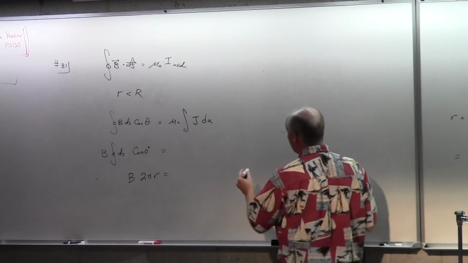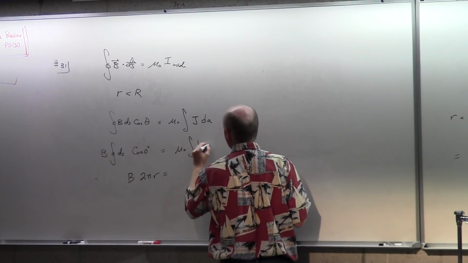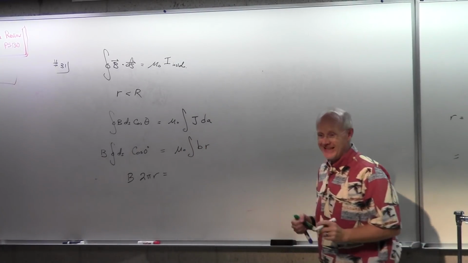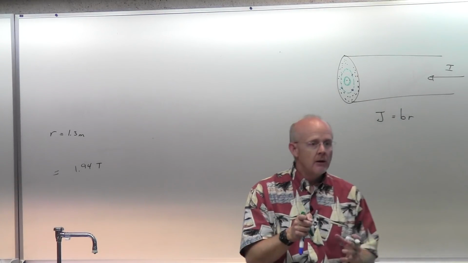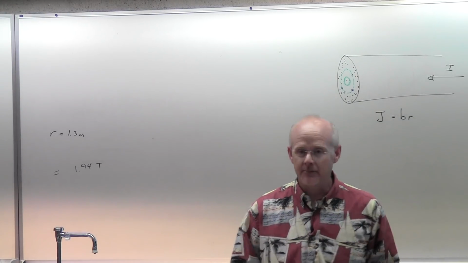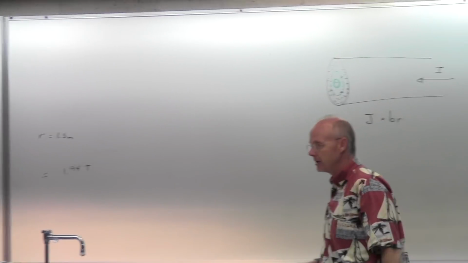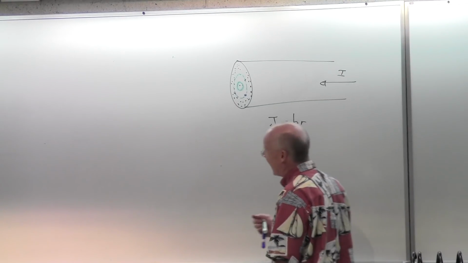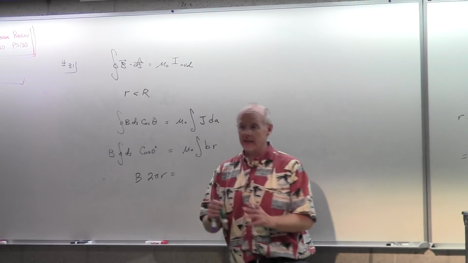So I could write this as mu naught times the integral of b r. It's not a constant, so I can't pull it out of the integral. An hour ago we pulled it out of the integral because it was a constant, but now it's not. So I leave it inside the integral. That's the only difference, but it's going to force me to think about dA again. dA is what?